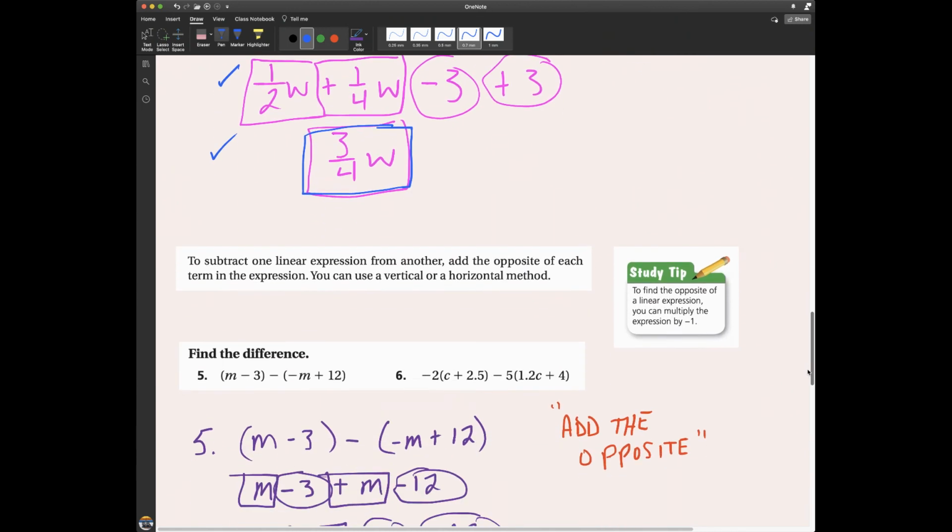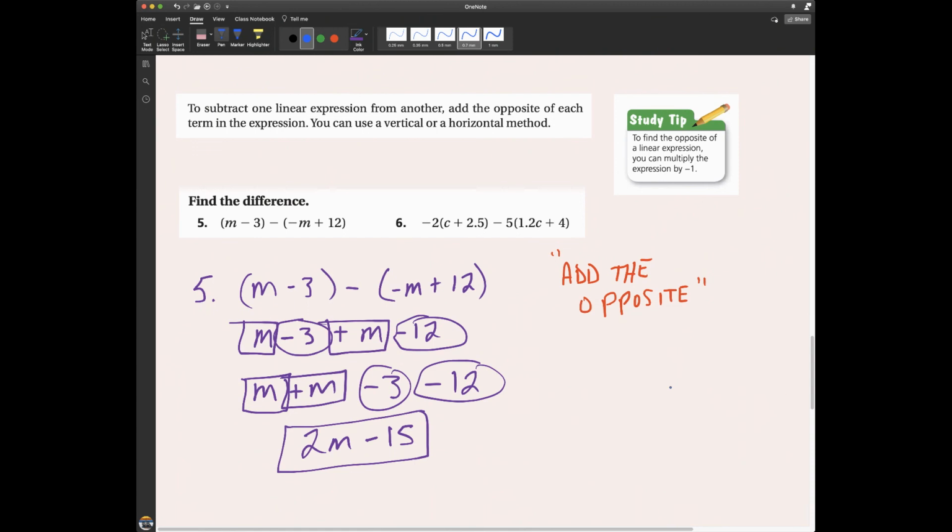Let's talk about subtraction. We're going to subtract linear expressions. Remember what we did in chapters 1 and 2. When we had subtraction problems, we turned them into addition problems by adding the opposite. We're going to do the same thing here. Okay, so when I am going to add the opposite, it really works well when I don't have any numbers here to the left of my linear expressions.